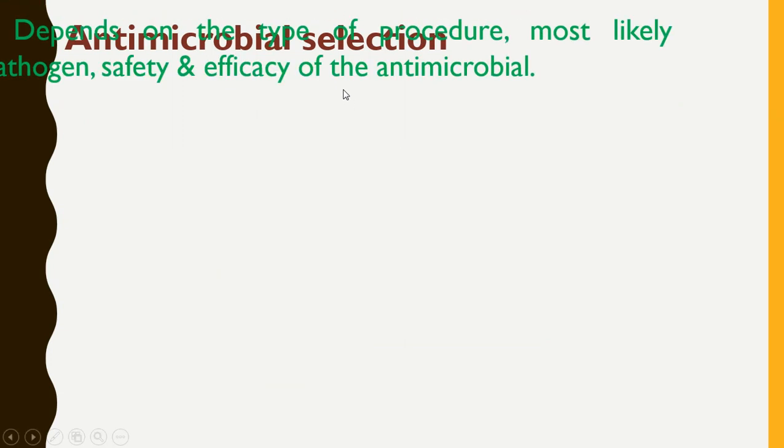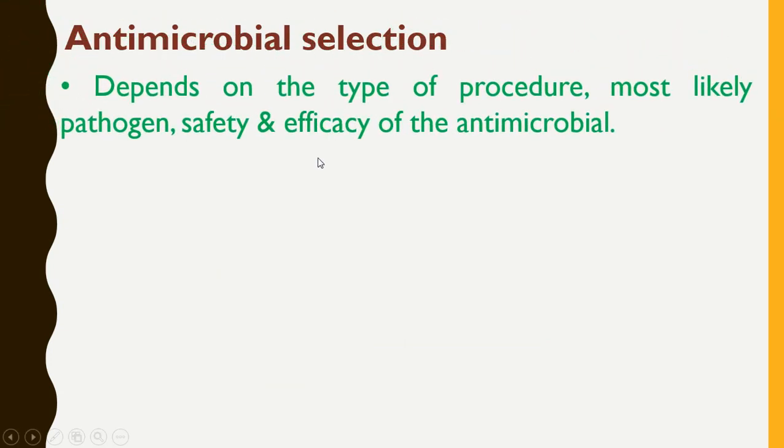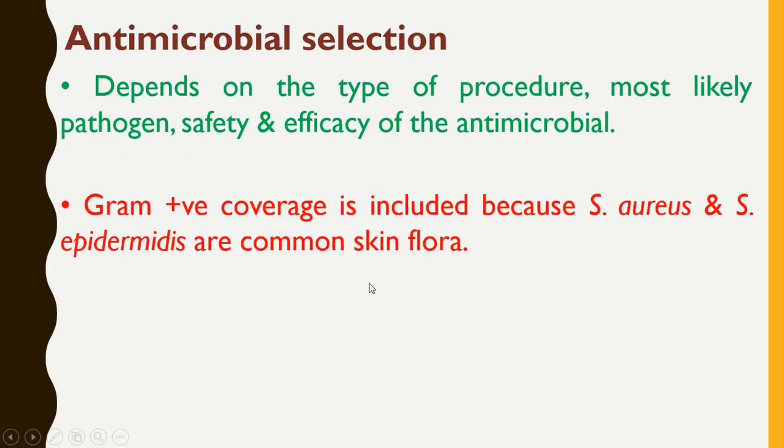Antimicrobial selection. How to select the antimicrobial agent? It depends on the type of procedure, most likely pathogens, and safety and efficacy of the antimicrobial. Gram-positive coverage is included because Staph aureus and Staph epidermidis are common in skin flora.